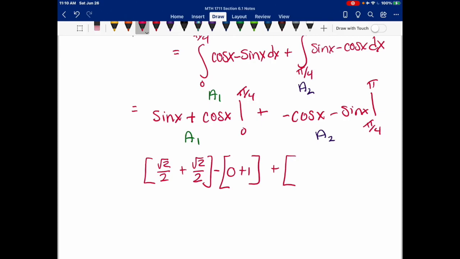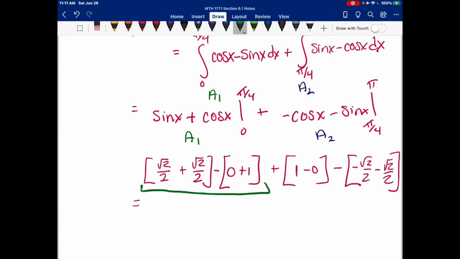When I evaluate area 2, when I plug in pi, I'm going to get negative 1, but that negative in front of the cosine is going to make it positive 1. When I plug in pi for sine, that gives me 0. Now, when I plug in pi over 4, I'm going to get negative square root of 2 over 2 minus square root of 2 over 2.